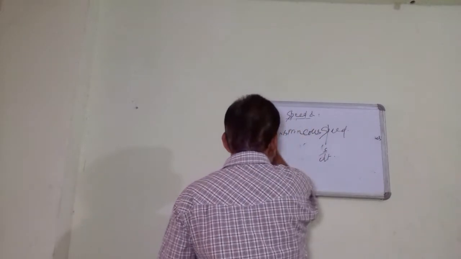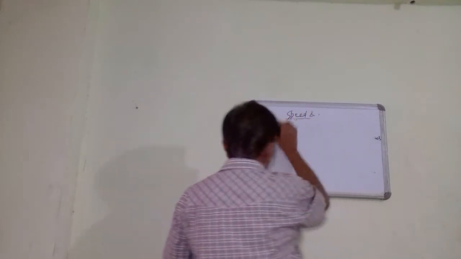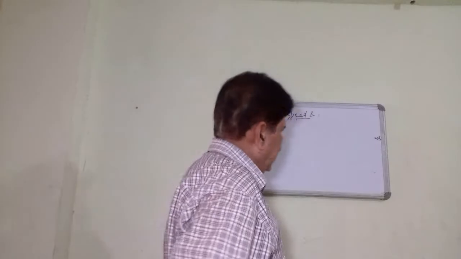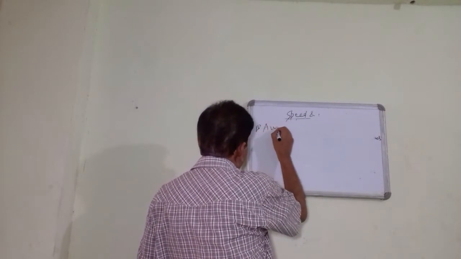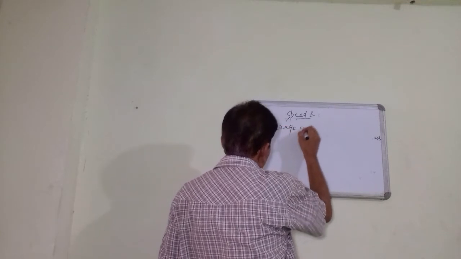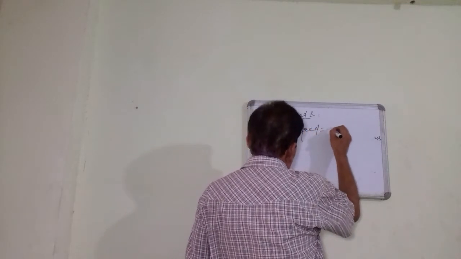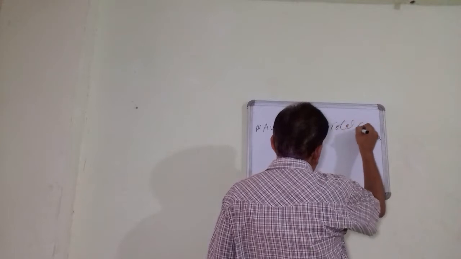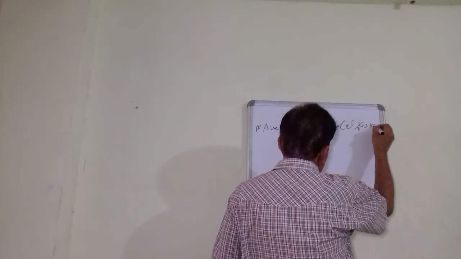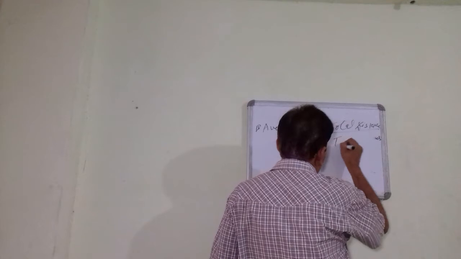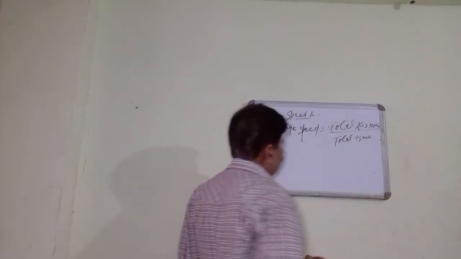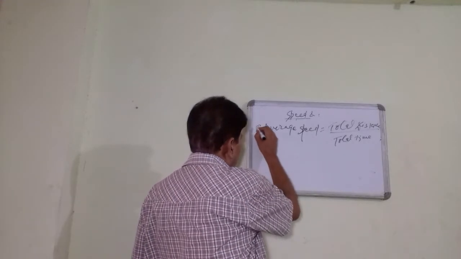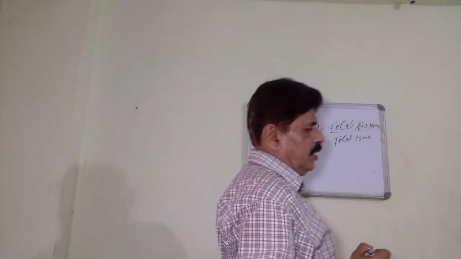Next one is average speed, that is the fourth case: total distance upon total time. It can be obtained in two ways.